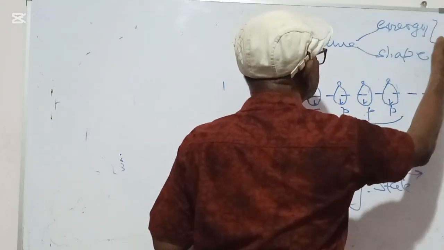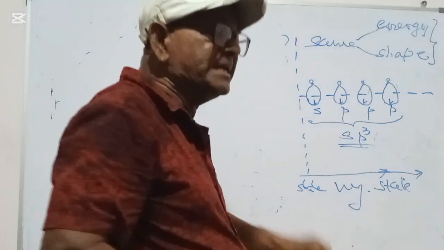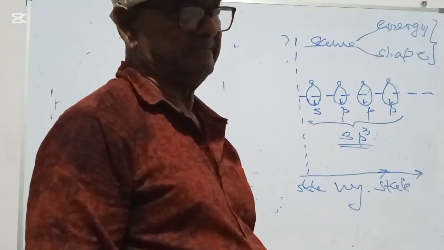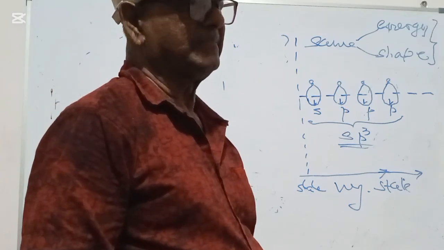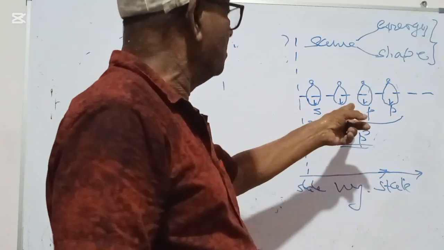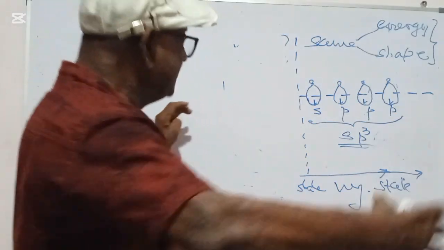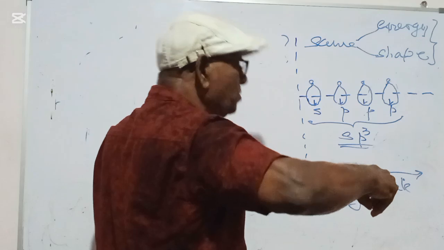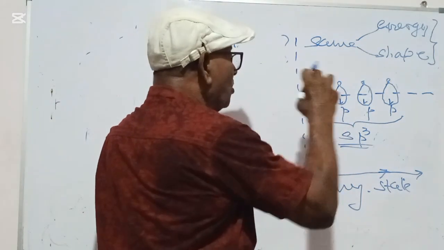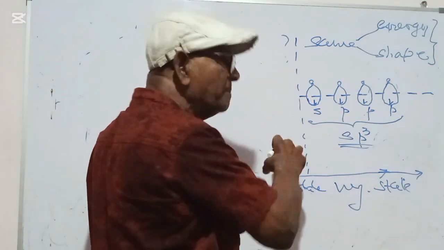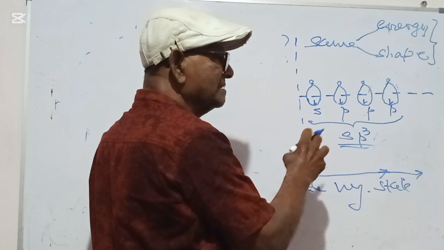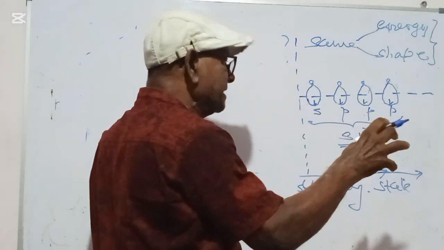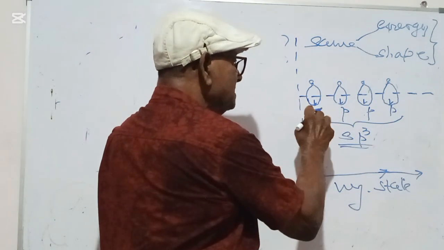This is the meaning of hybridization. Right? Now, all the H atoms come to form covalent bonds with carbon. Four H atoms come here.